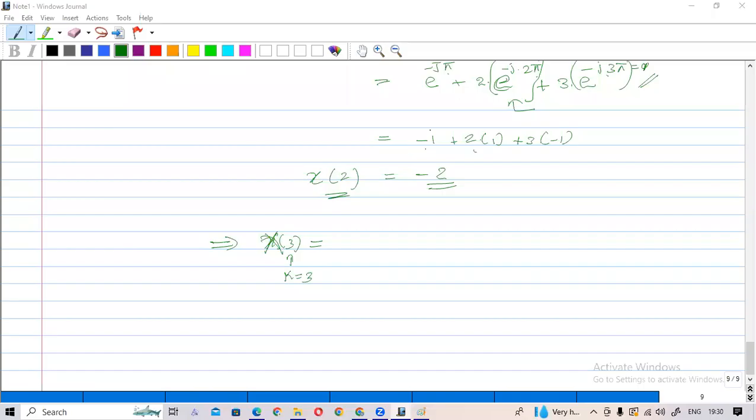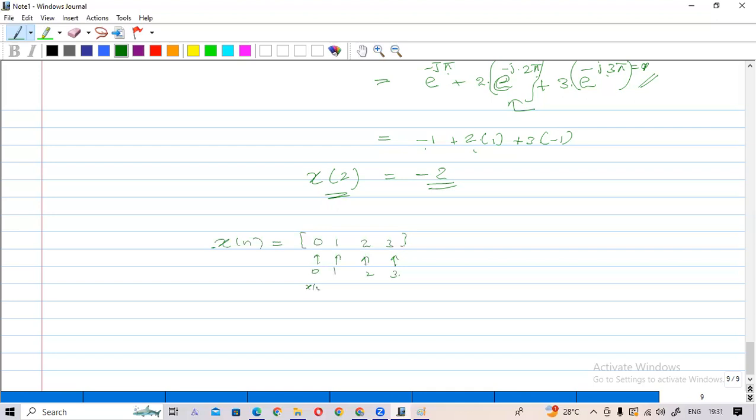So now you need to find x3. I will tell you at the beginning. We are given a sequence, that is xn. So that is 0, 1, 2, 3. This is n equal to 1, this is n equal to 2, this is n equal to 3.